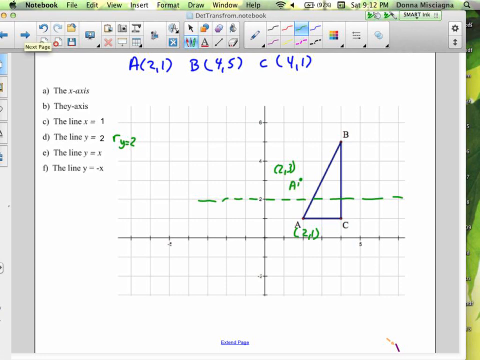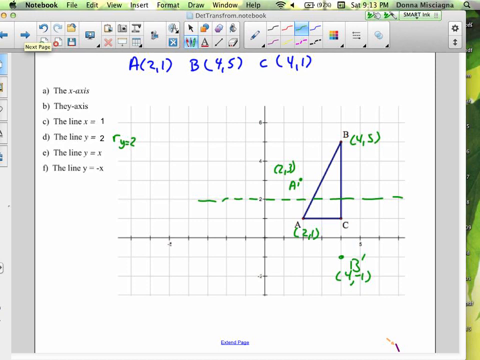So B is 1, 2, 3 away. We're going to go 1, 2, 3 in the other direction. There's B prime. So this was at 4, 5. This one is still at 4, but now it's 3 away in the other direction. All right, so this is 4, negative 1.